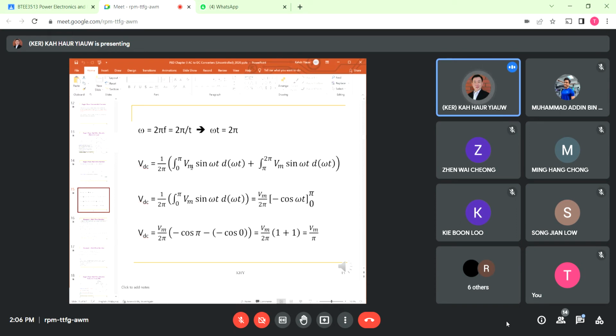So the equation reduces to only this term. If I derive this term, I know that the integration of a sine gives you minus cos, and hence I can straight away work it out. If I do it step by step, I later find that my VDC equals Vm over pi. The same thing you can also apply to derive your VMS based on this omega t. So please do it later on, for the VMS.